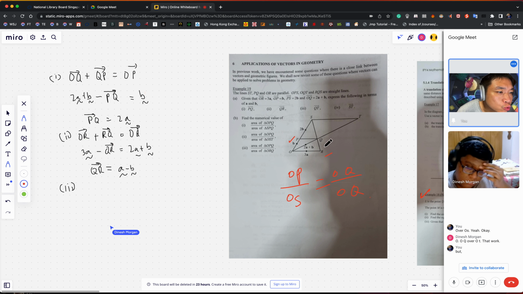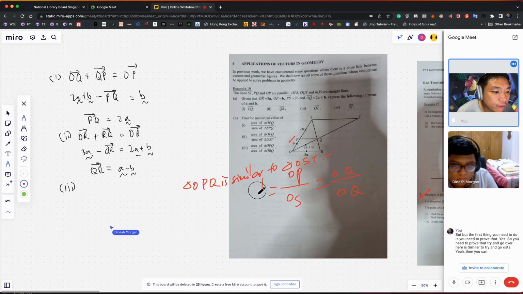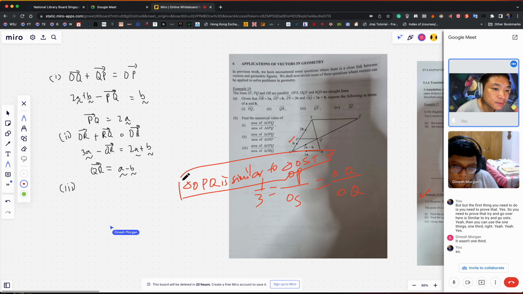But the first thing you need to do is prove that triangle OPQ is similar to triangle OST. Then you can use the 1/3, right? Yes, so you need to prove that they are similar first.